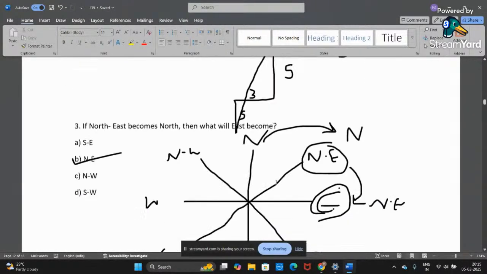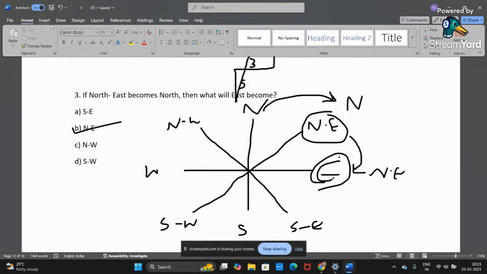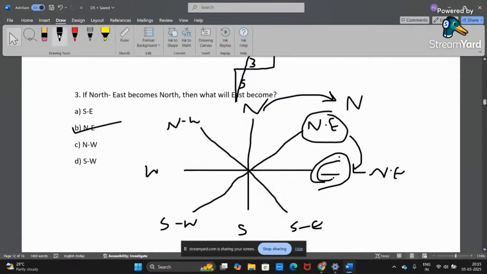Okay. If they have given, for example, if northeast becomes north, then what will east become? We have found that it will become northeast. If the question changes to: if east becomes north, then what will east become?